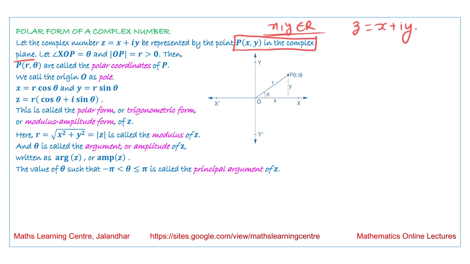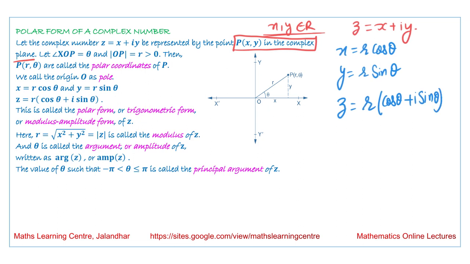Now if we substitute x equal to r cos theta and y equal to r sin theta, this number becomes z equal to r, which is common, times cos theta plus iota sin theta. This form is called the polar form of the complex number x plus iota y. It can be represented as z equal to r times (cos theta plus iota sin theta).